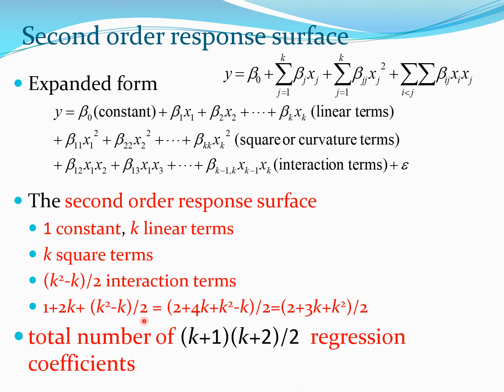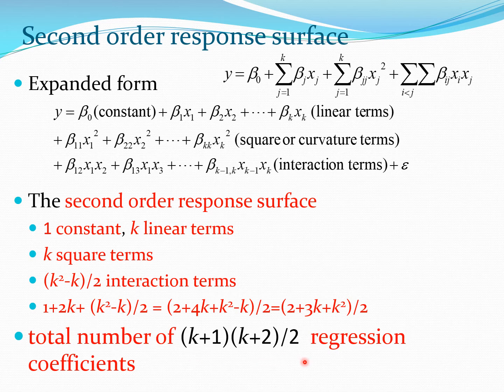We add all these terms together to find out how many regression coefficients there are in this second order model. So it would be 1 plus 2k plus k square minus k by 2, and if we expand this out, we double here, 2 plus 4k plus k square minus k, so we get 2 plus 3k plus k square by 2.